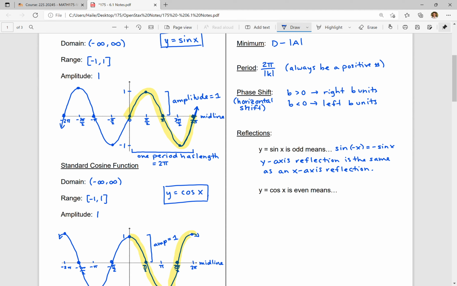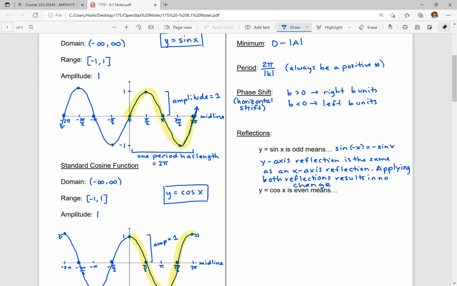So if these two things are the same and we apply both reflections to the graph, the reflections would cancel each other out. So we're going to make a little note of that as well. Applying both reflections results in no change. But that's only for sine because sine is odd.